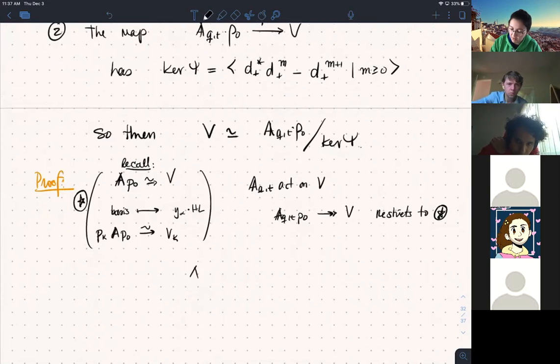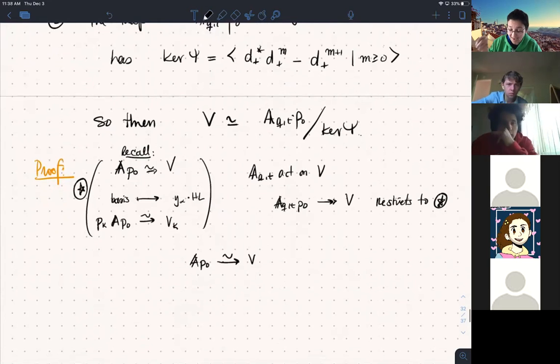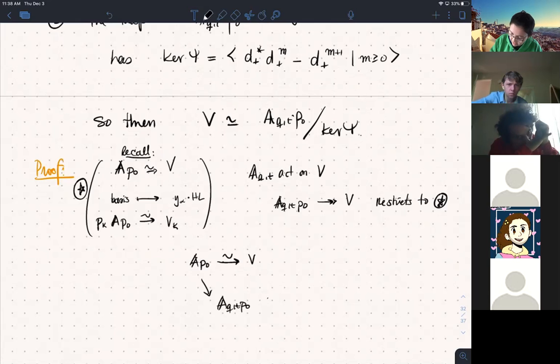The reason that we care about this is because it allows us to see that if we look at the map AP0 to V, this isomorphism actually factors through the following quotient. We have AQT P0, and we quotient it by this additional relation, D plus star, D plus of M minus D plus M plus 1, which is essentially just the ideal generated by that extra relation.